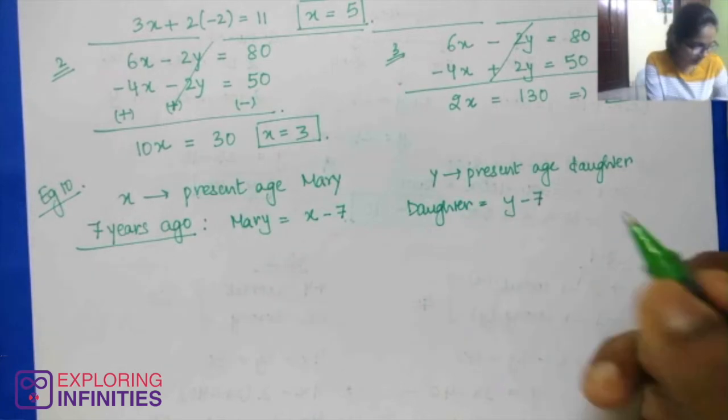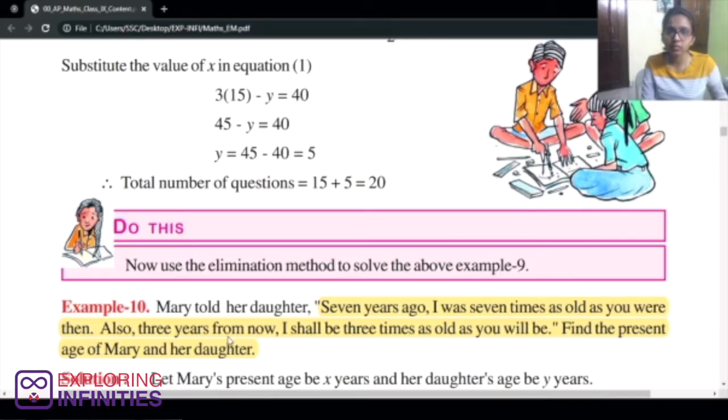Now the question says that 7 years ago, I was 7 times as old as you were then. She's talking about the then age of her daughter, so we have to use y minus 7. And 7 years ago, I was 7 times as old as you were then.